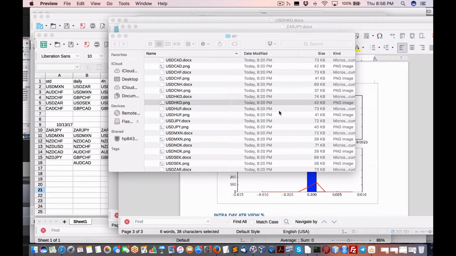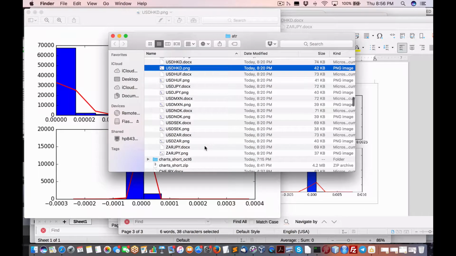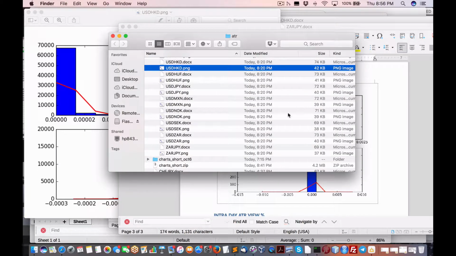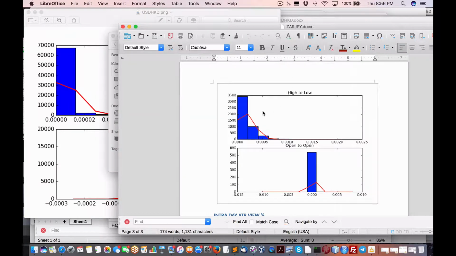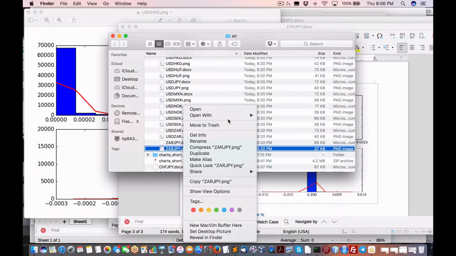Okay, so this is the US Hong Kong dollar. And then we'll do a comparison of the, I'm looking for this rand and the rand and the Japanese yen. And this one right here.